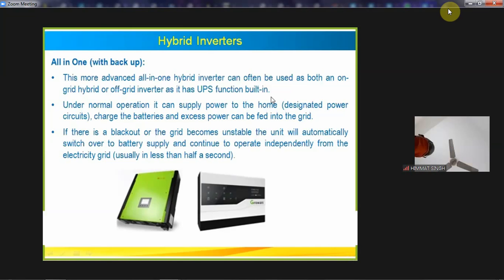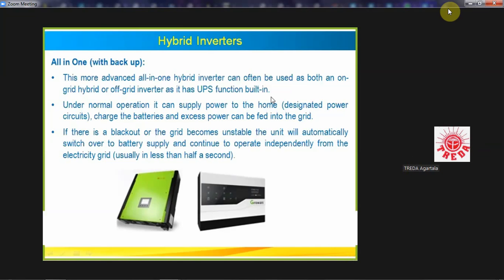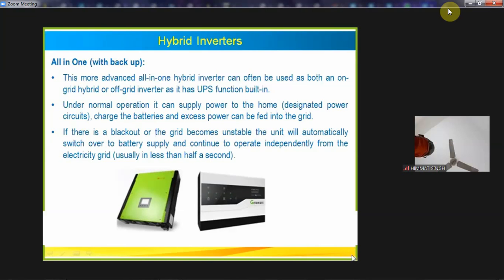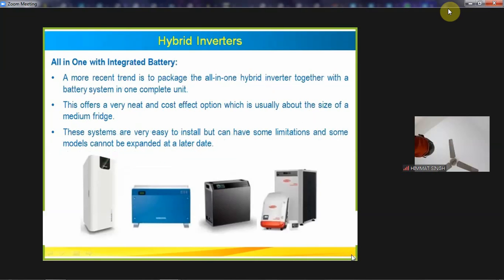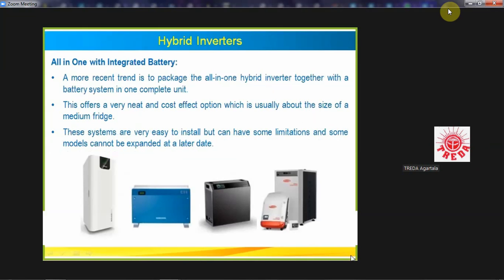These systems are very easy to install, but can have some limitations, and some models cannot be expanded at a later stage.